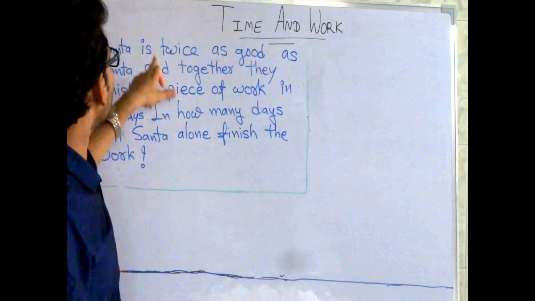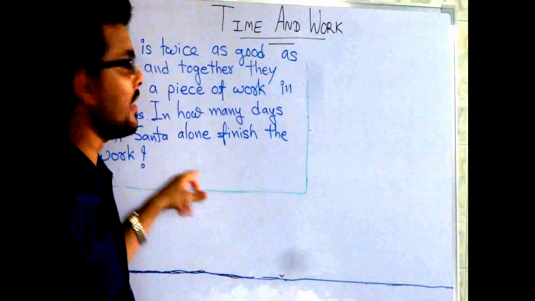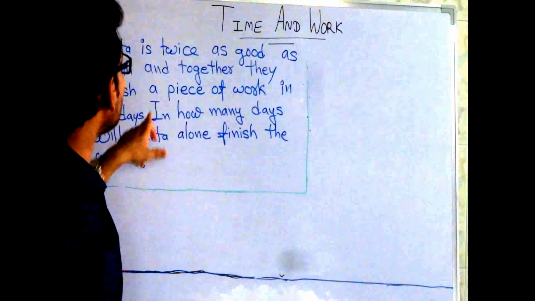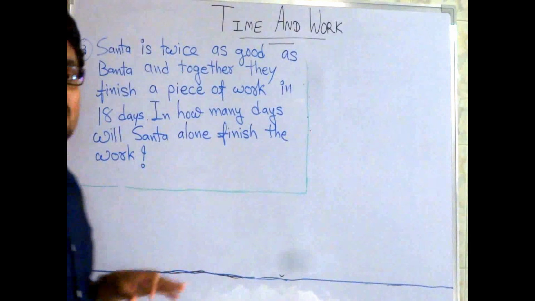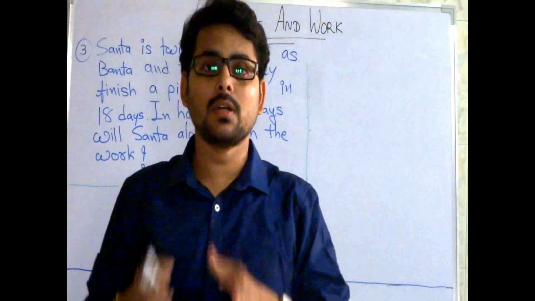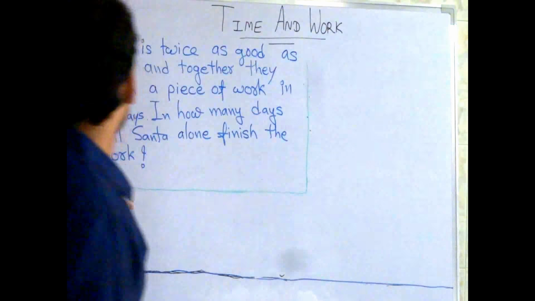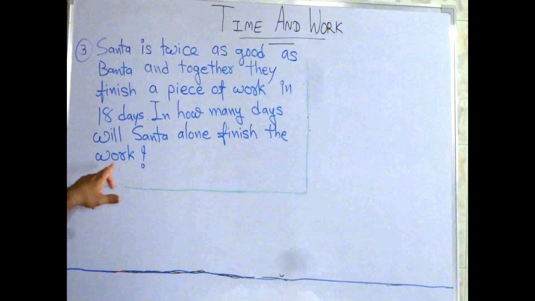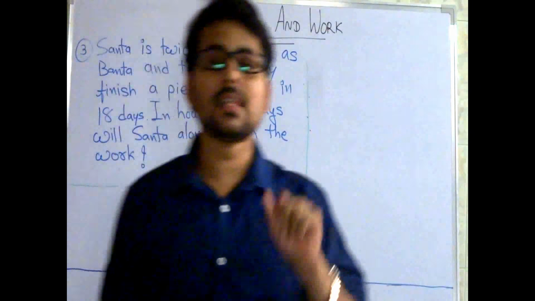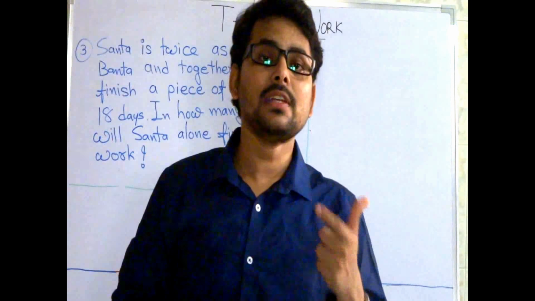So Santa is twice as good as Banta, and together they finish a piece of work in 18 days. In how many days will Santa alone finish the work? So if Santa alone finishes the work, how many days will it take?